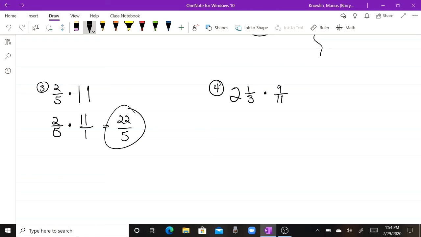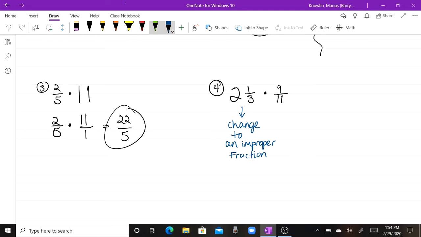We have 2 1/3 times 1/9. Well, 2 1/3 is a mixed number. So before we can do anything, we have to change this mixed number to an improper fraction. That's the first thing we have to do. Once we change it to an improper fraction, we can go ahead and multiply.